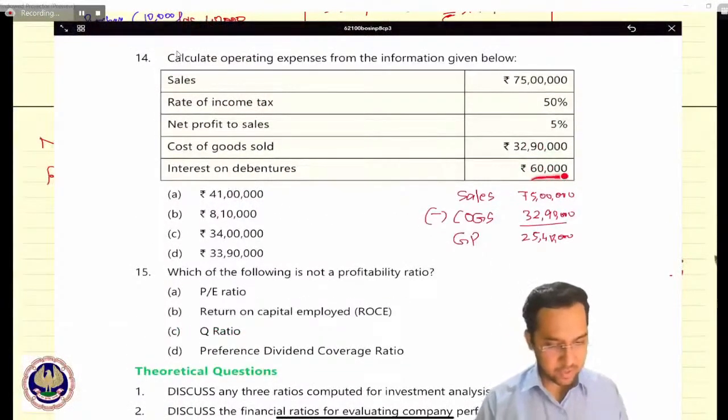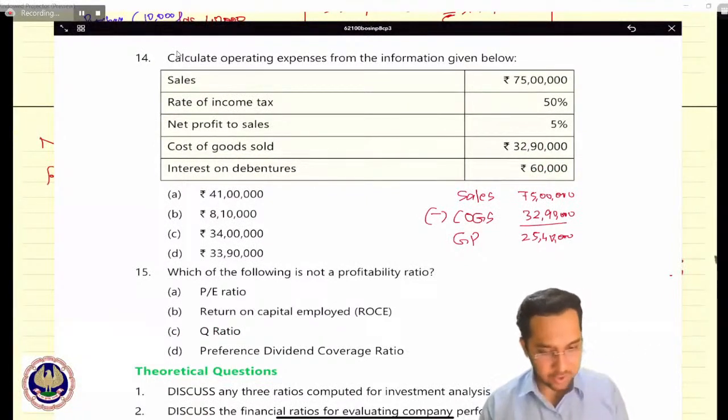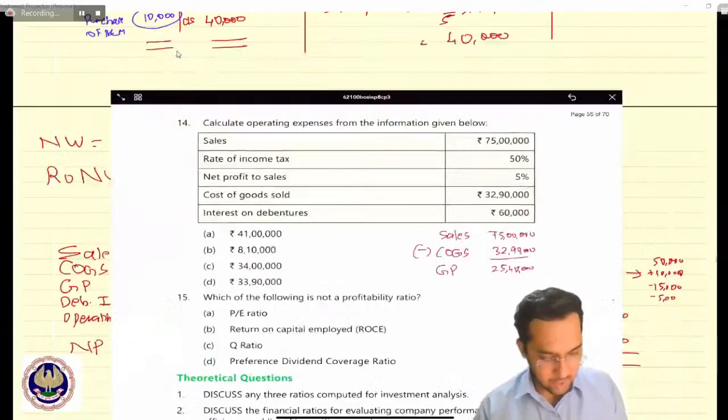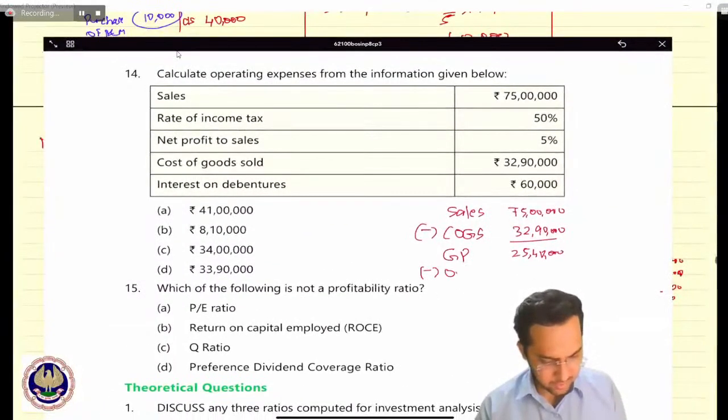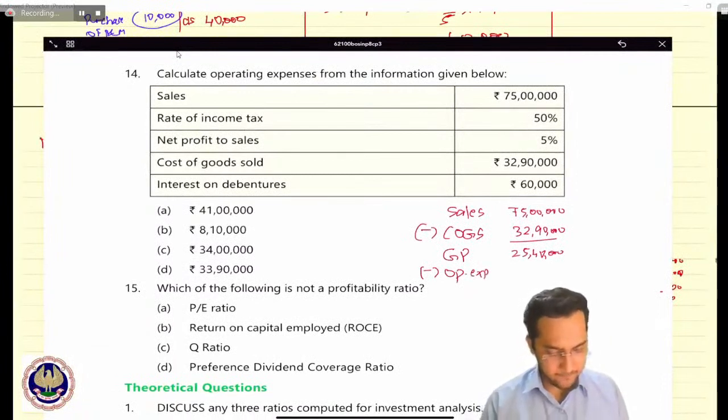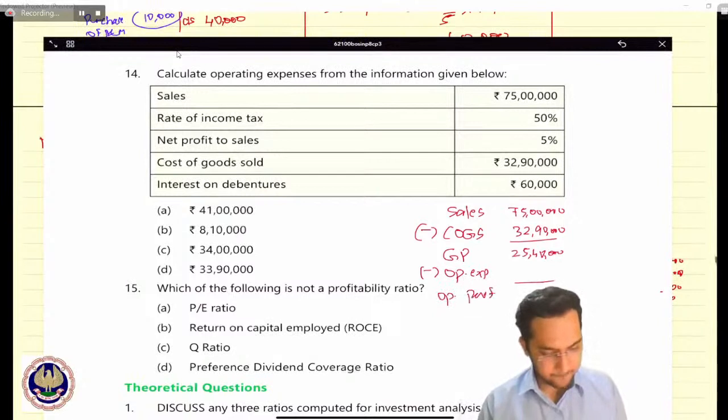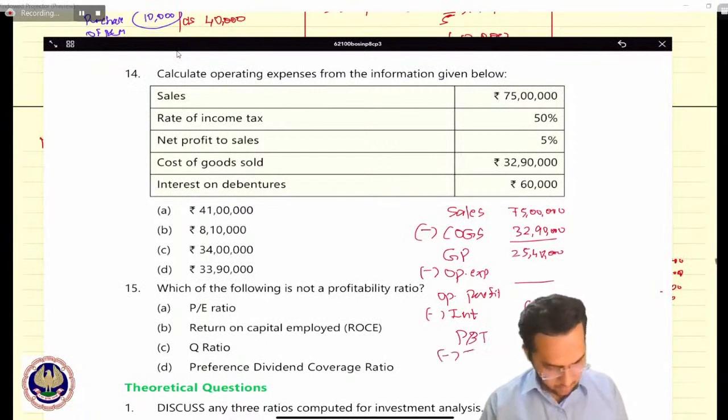There's an interest on debentures of 60,000, and net profit is also given. From GP, we reduce operating expenses to get operating profit. From that, you reduce the interest on debentures of 60,000 and get profit before tax. From that, you pay tax and get PAT.